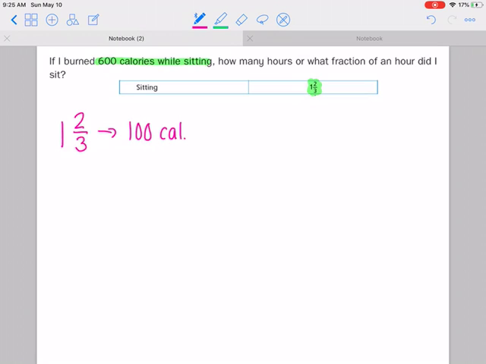So I'm going to do 6 times 1 2/3. Now, I'm going to break apart 1 2/3, and I'm going to rewrite this as 6 times 1 plus 2/3. Remember, we did this in a previous lesson in this unit.